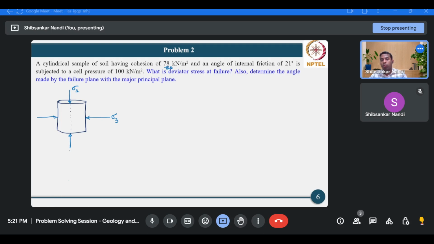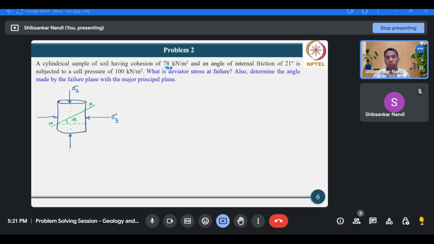Now, as mentioned in this problem, this is the failure plane, suppose, and this is making an angle alpha with the horizontal. We are assuming that right now.